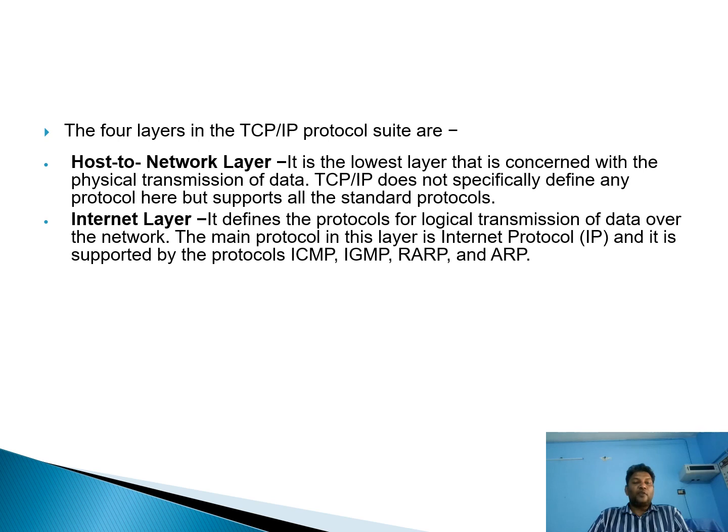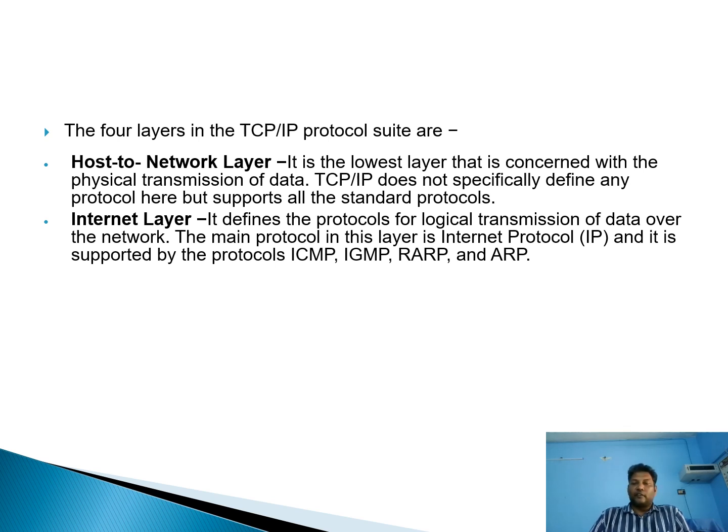It defines the protocols for logical transmission of data over the network. The main protocol in this layer is the Internet Protocol, and it is also supported by the protocols ICMP, IGMP, RARP (reverse ARP), and ARP (Address Resolution Protocol).